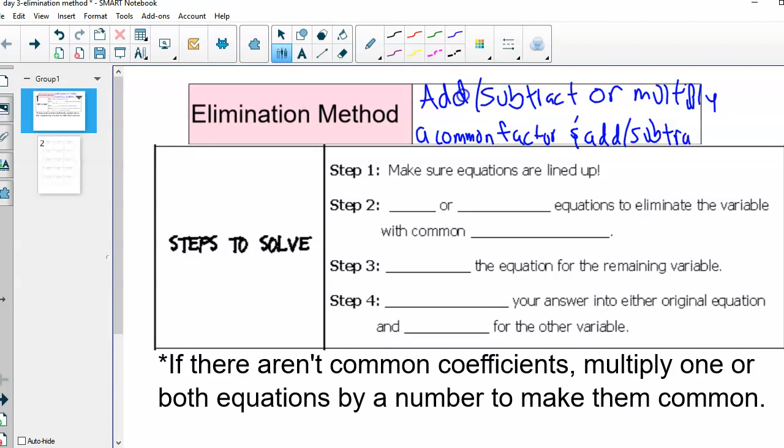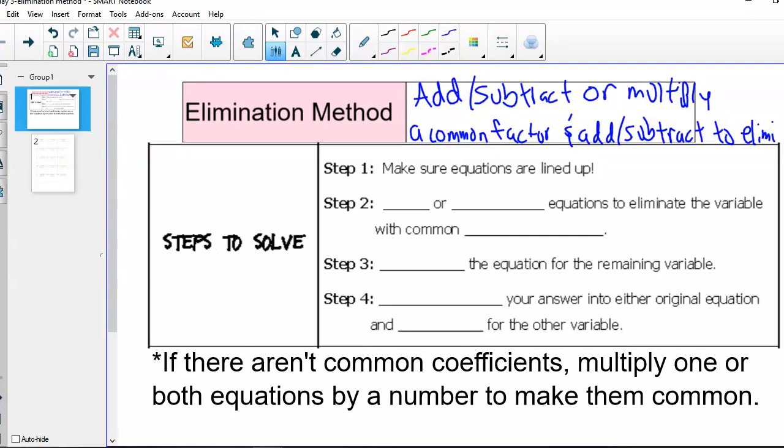Multiply. Add or subtract or multiply a common factor and add or subtract to eliminate a variable. Because that's basically what we're doing.